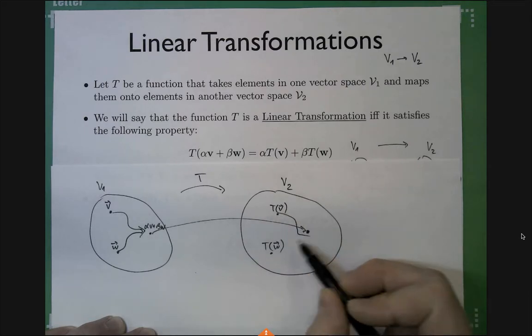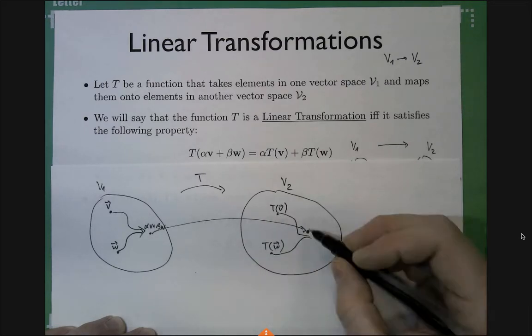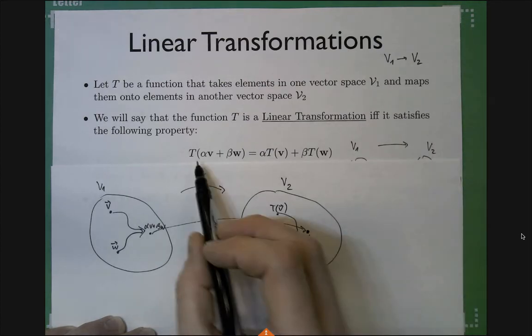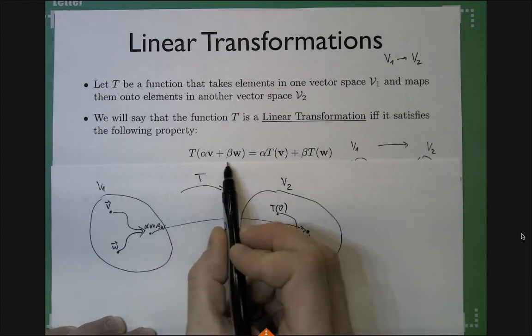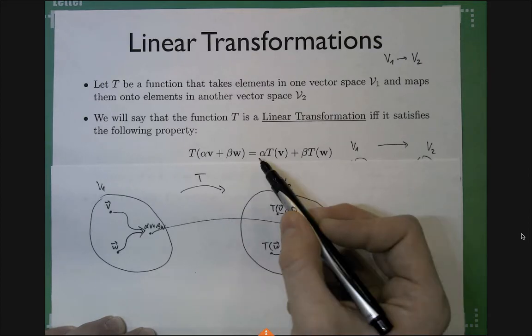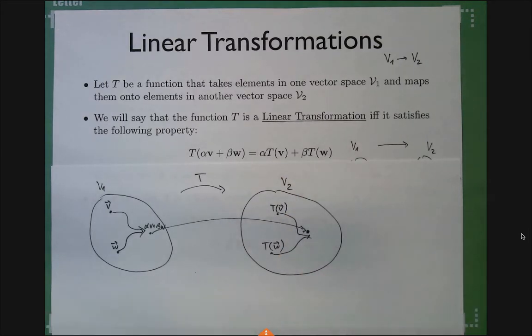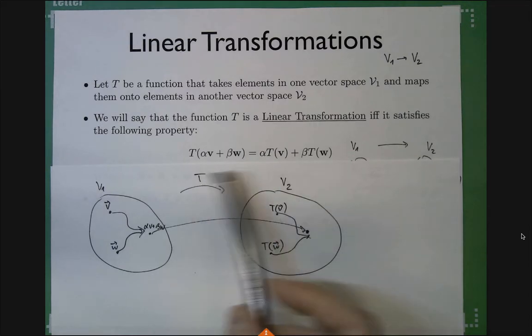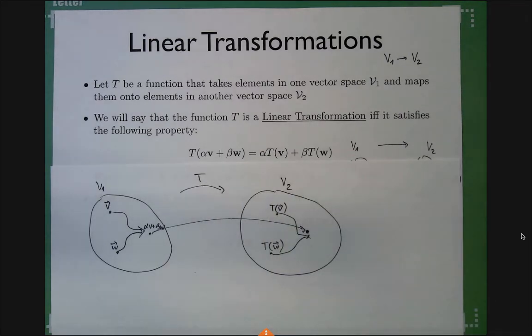So if I do the linear combination of TV and TW, I get this point, which happens to be both T of alpha V plus beta W and alpha TV plus beta TW. Does it make sense? I find it much easier to remember these visual pictures rather than formulas with some symbols. The symbols are arbitrary, of course, just like variables in programming.